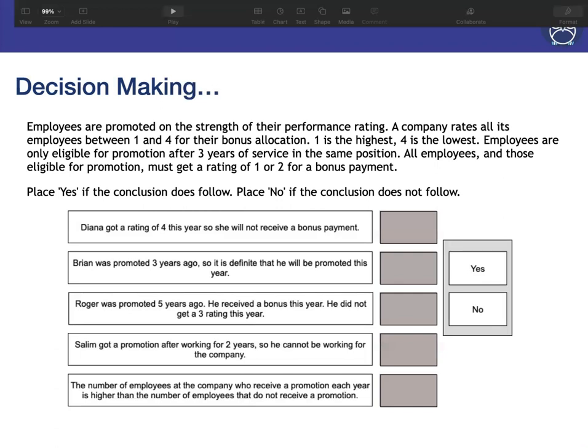Okay, 30 seconds left. Okay, it's been 30 seconds.